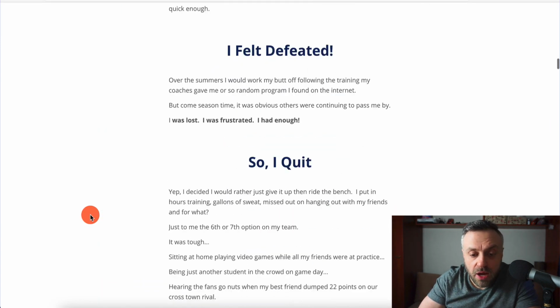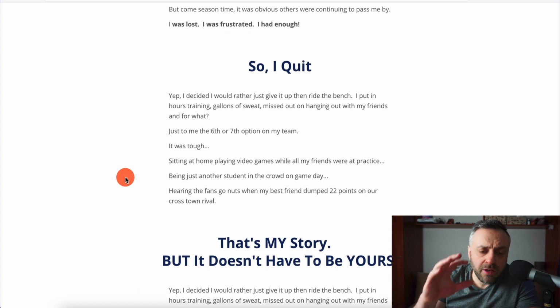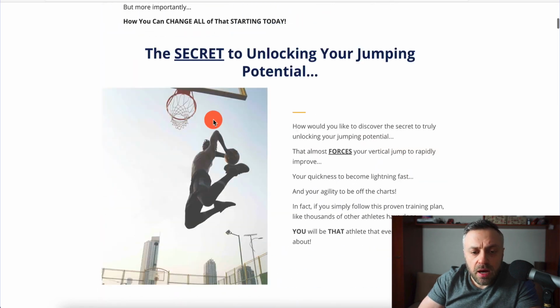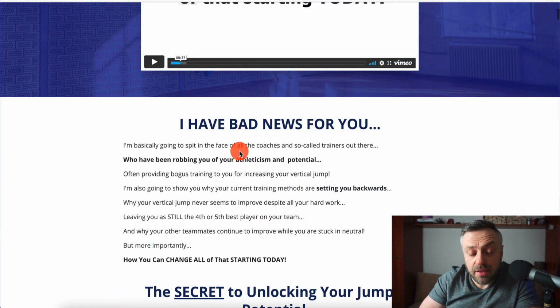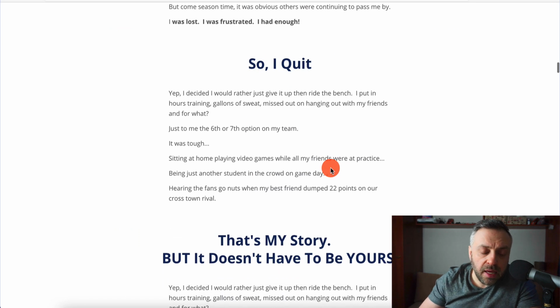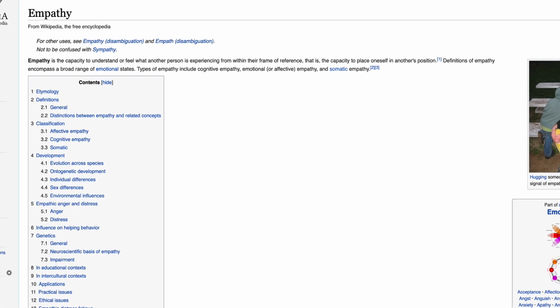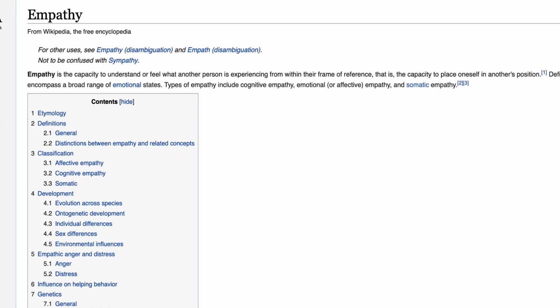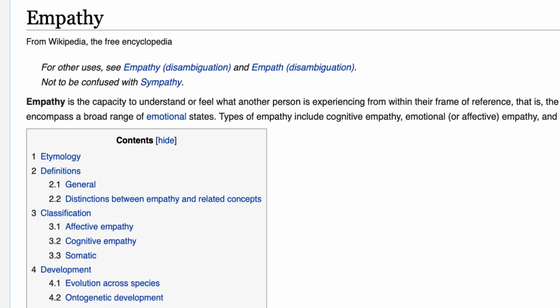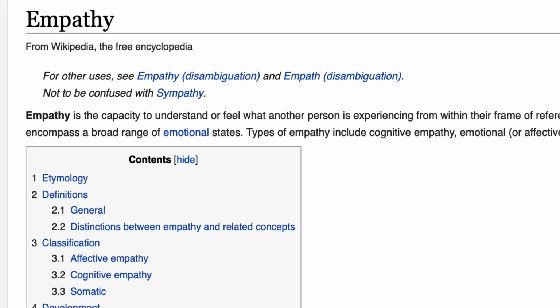So if you scroll down, you can read about it. And what's powerful about this website, it recounts a personal story. They say, I have bad news for you. They scroll down and they say, I felt defeated, I quit. And the objective of this website is to create empathy, right? It's not about sympathy. It's not about compassion. It's to create empathy. Empathy is one of the strongest feelings out there, okay?